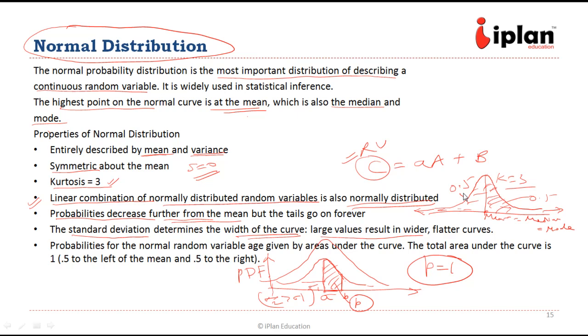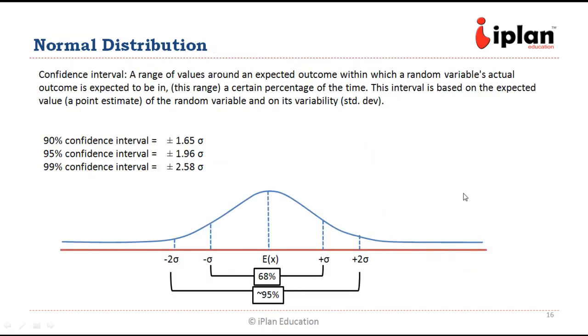Let us move further. We look at the concept of confidence interval. Assuming that the random variable is following a normal distribution, a confidence interval will give us the probability that values will lie within a range, and this range is defined in terms of the standard deviation.